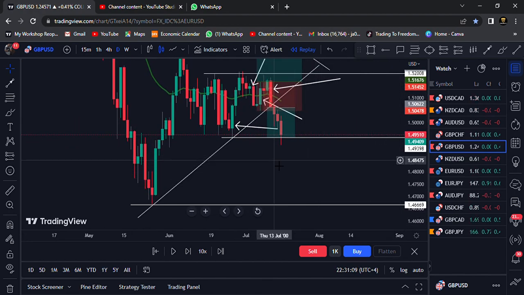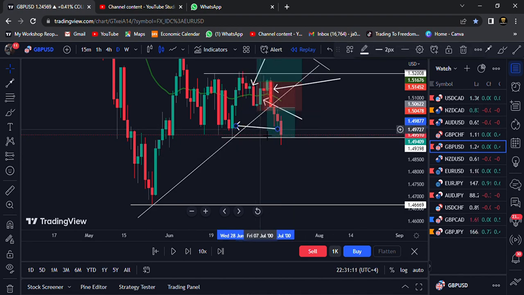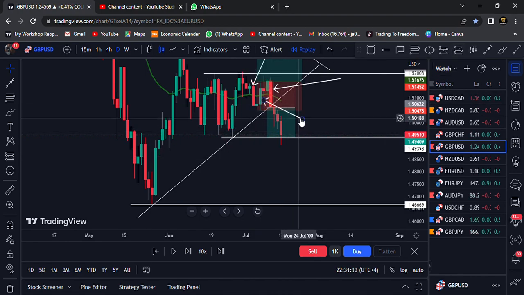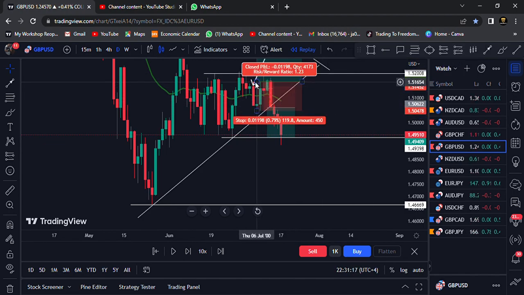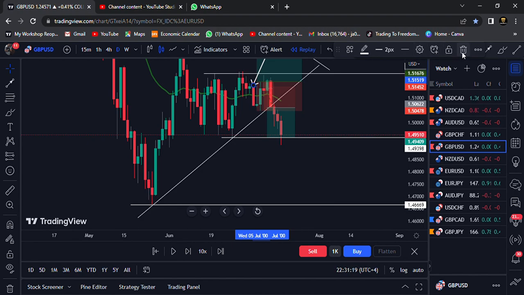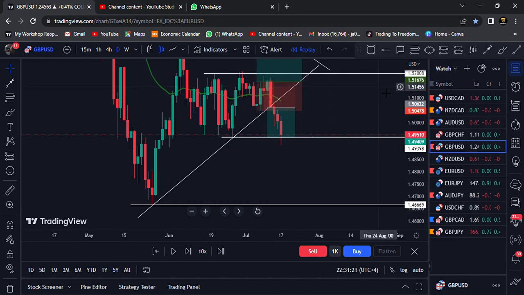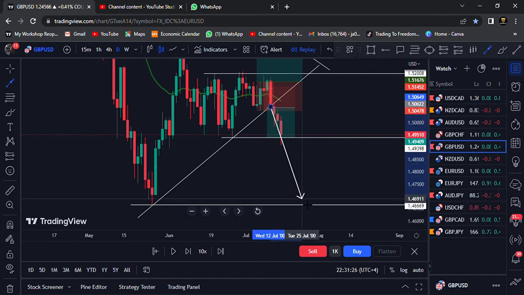the market structure is kind of telling us something. Probably price wants to come right down. Price wants to come right down at this level. Price wants to come right down here before kicking up.